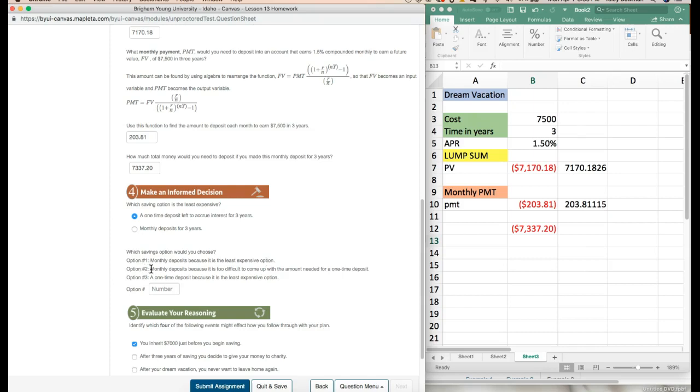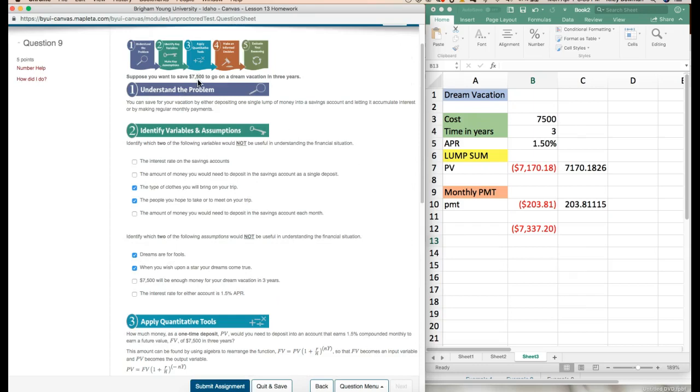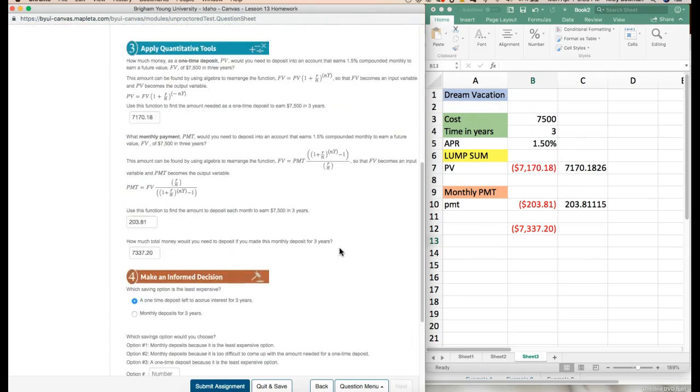The next one, monthly deposits, because it is too difficult to come up with the amount needed for a one-time deposit. If you have the $7,170, then that would be least expensive and putting it in for a one-time deposit. But that sounds kind of silly to be investing for less than $300. But we could if you have $7,000.